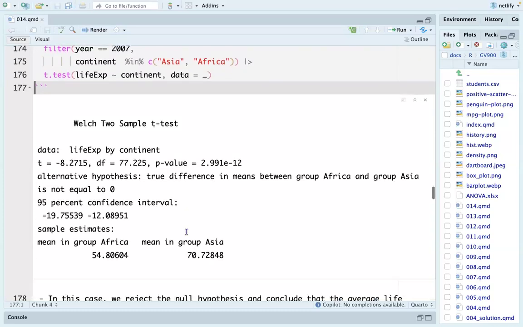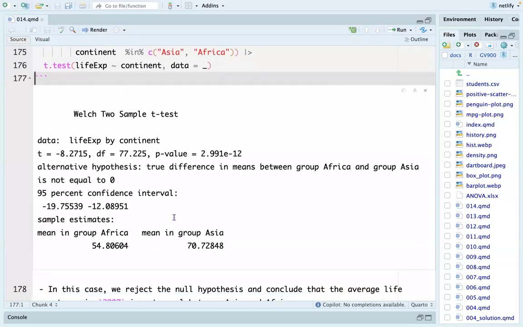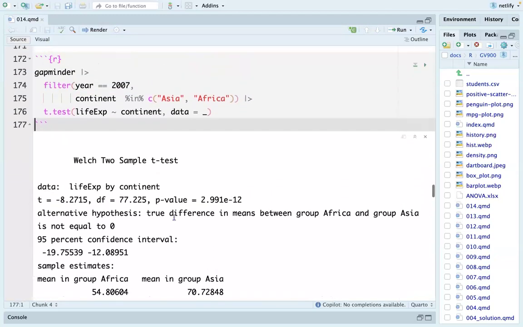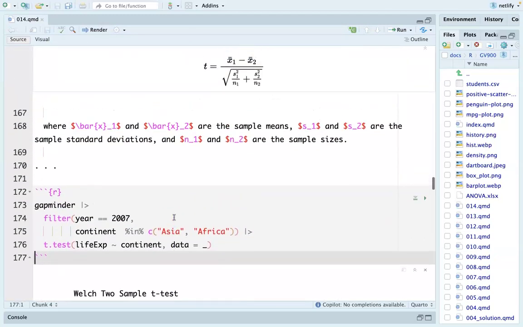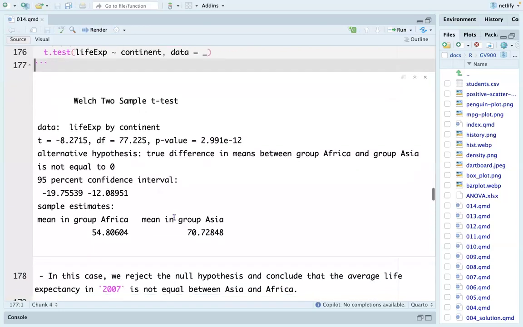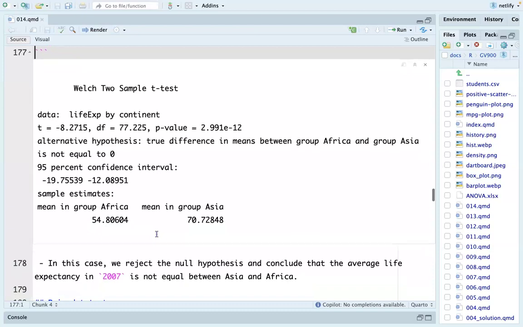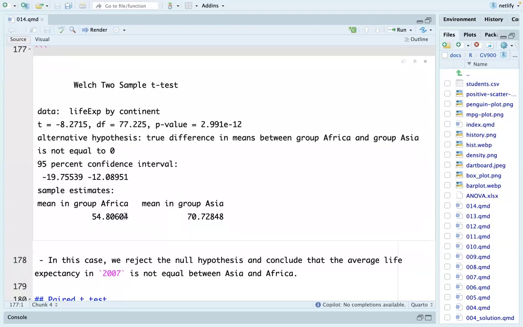So in this case, we also reject the null hypothesis. The null hypothesis means that Africa's and Asia's life expectancy are not statistically significantly different. But we reject it, which means they are significantly different.